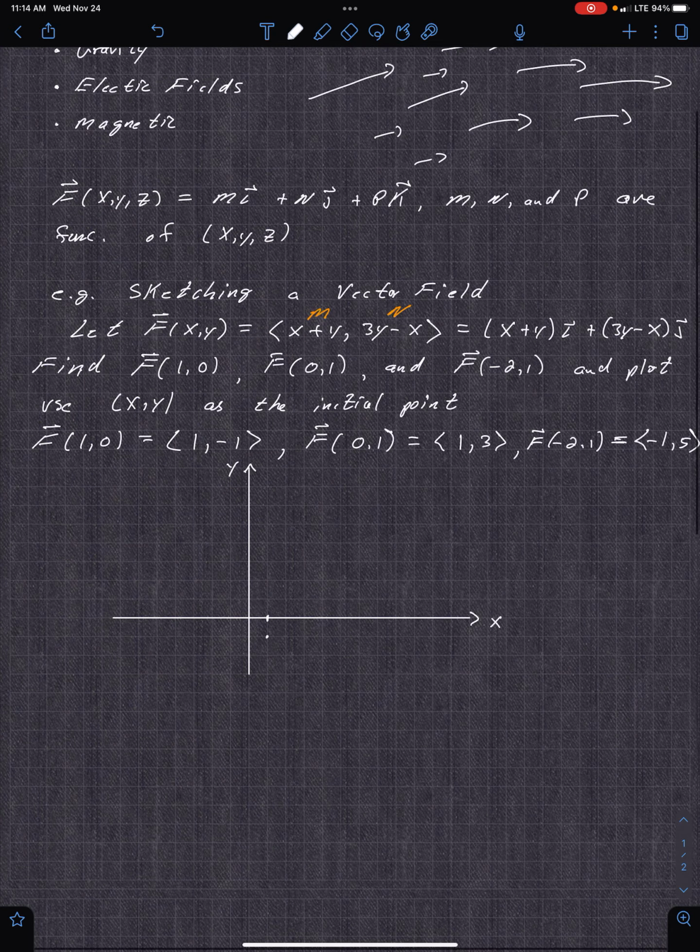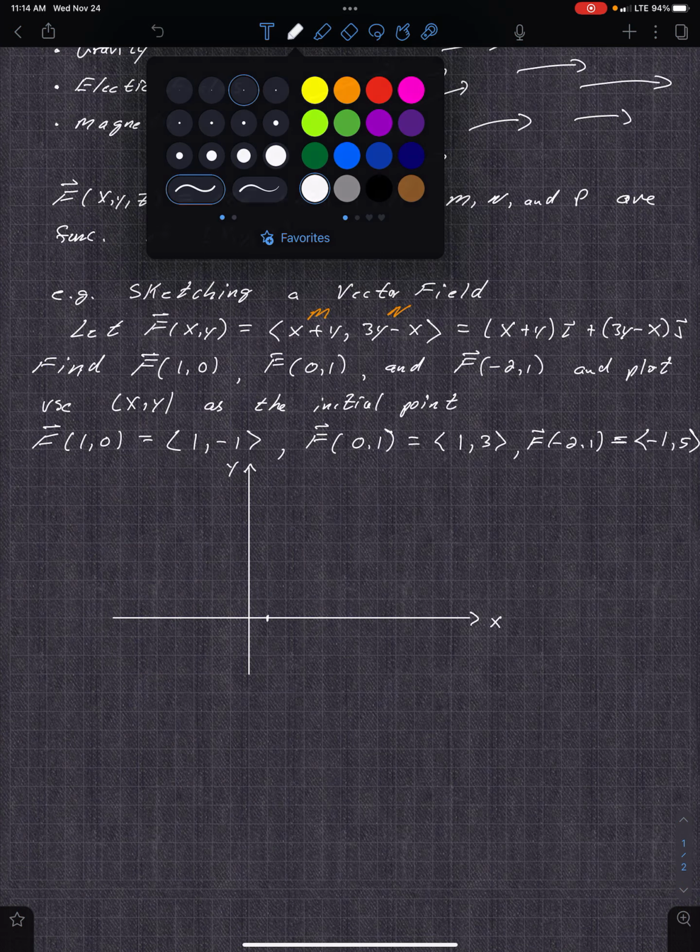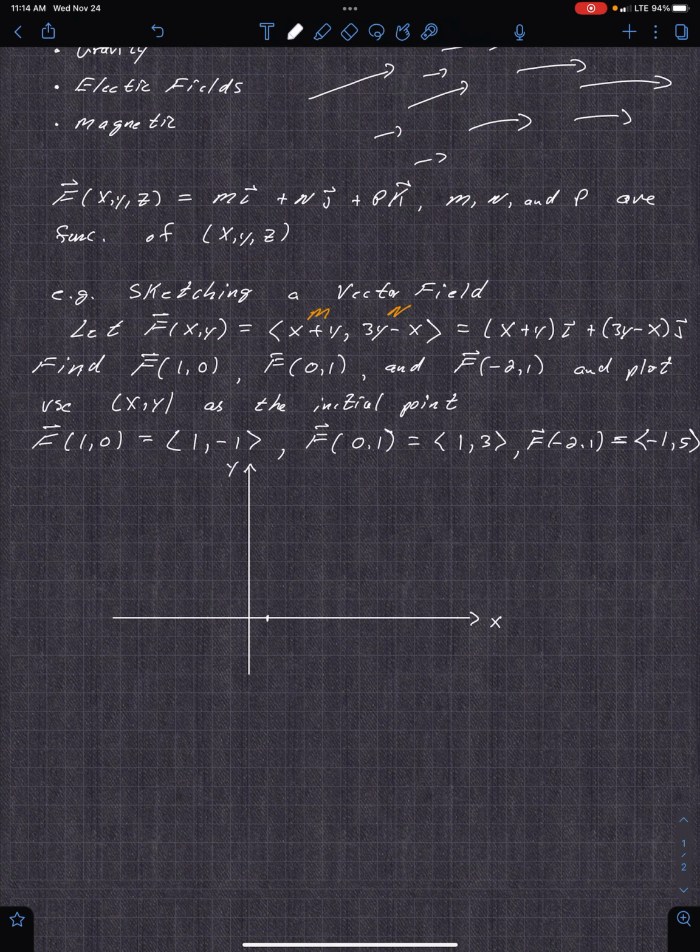Oh, I'm sorry, I'm looking at the wrong thing. Try that again. Okay, so 1, 0 is starting here, and then you go over 1 and then negative 1. So it would just go down like that.